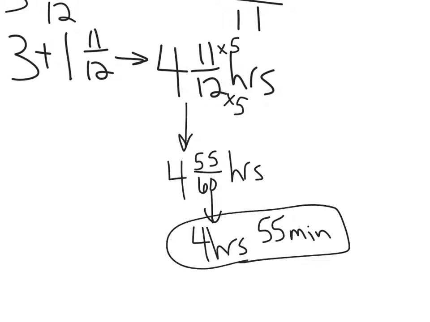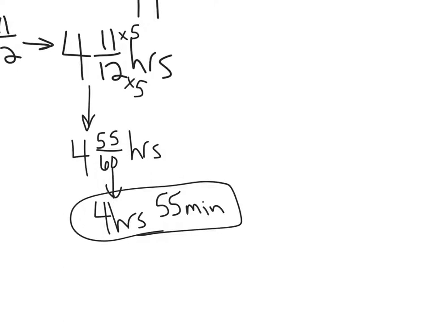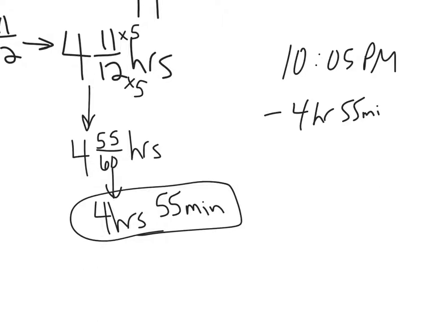All right. So it's 4 hours and 55 minutes altogether that it took. And they got there at 10:05 p.m. So from 10:05 p.m. we want to take away 4 hours and 55 minutes.